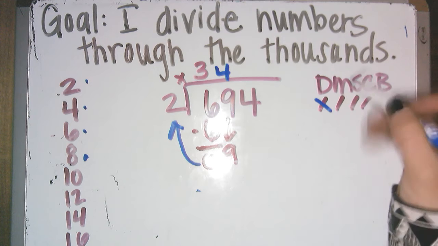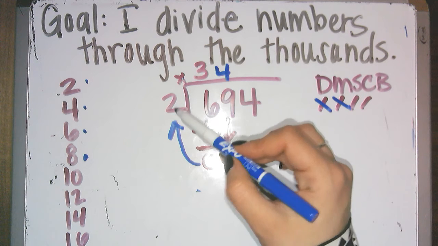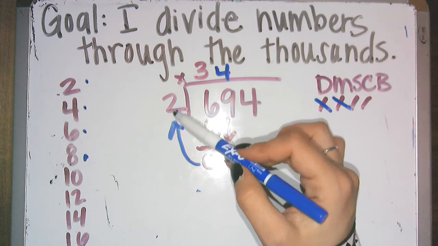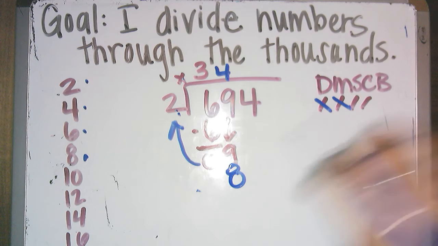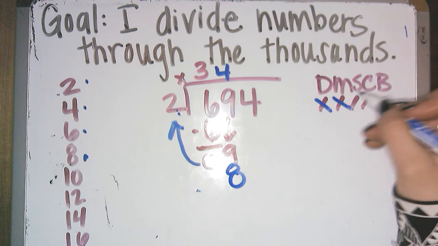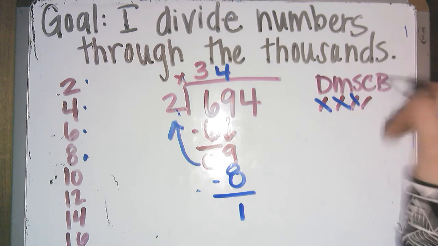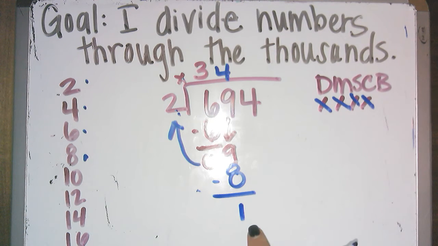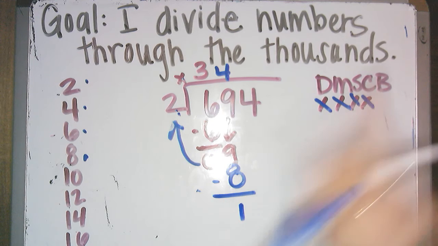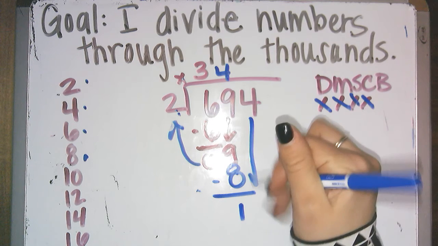Now I need to multiply. 4 times 2 is 8. Time to subtract. 9 minus 8 is 1. Check. Is 1 less than 2? Sure is. Bring it down.